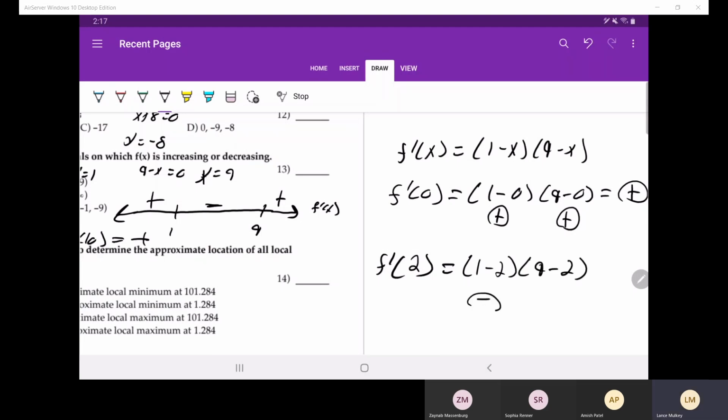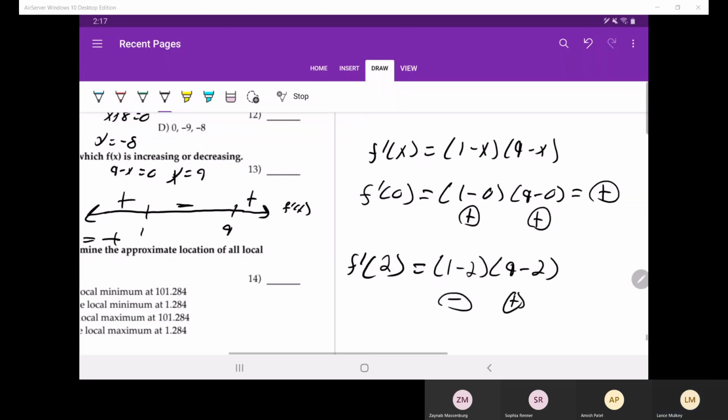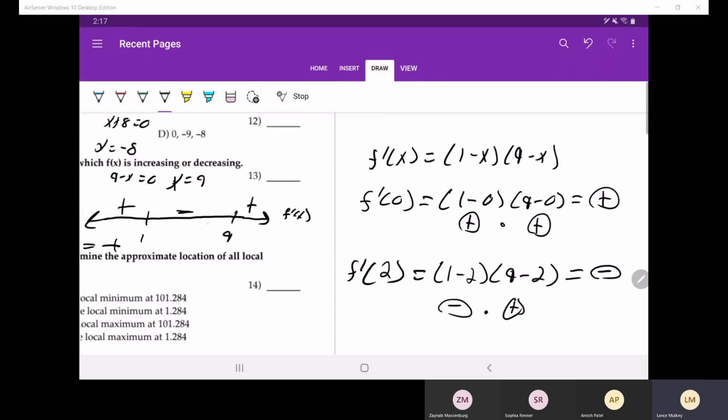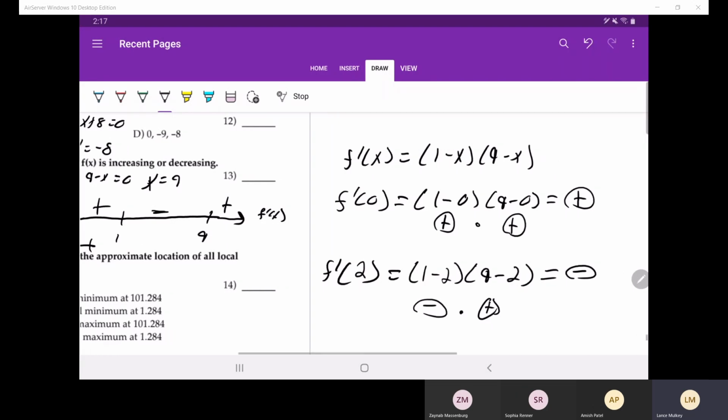You have a negative answer, so this would be negative 1, for example, and you have a positive answer, so this would be positive 7. And that negative times a positive equals negative. So right here, I put a negative between 1 and 9, showing that the value of the derivative is negative between 1 and 9.